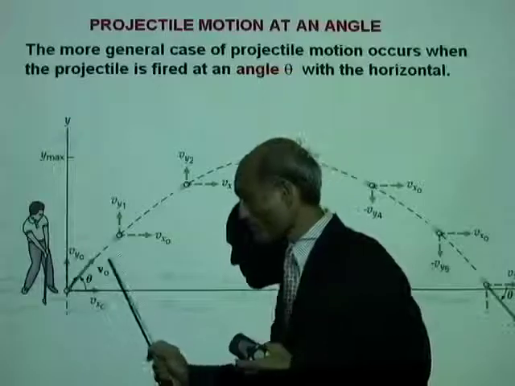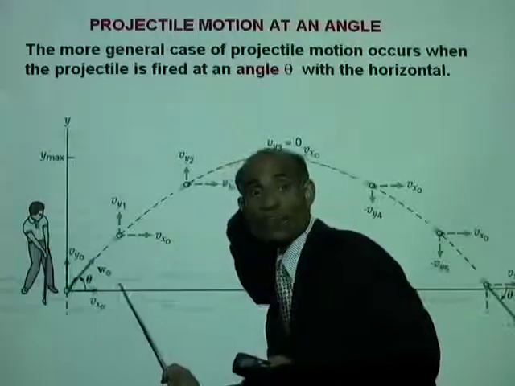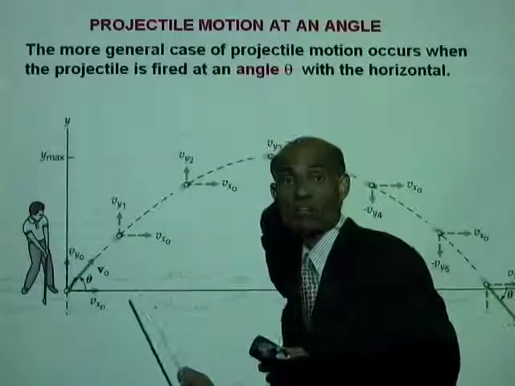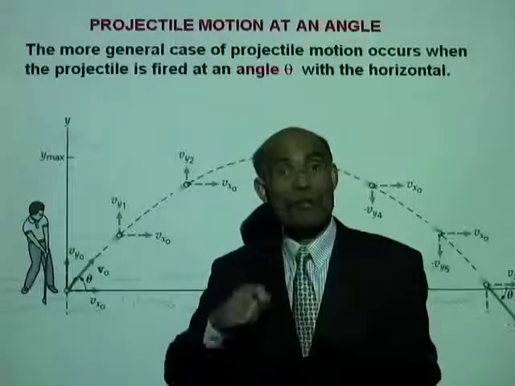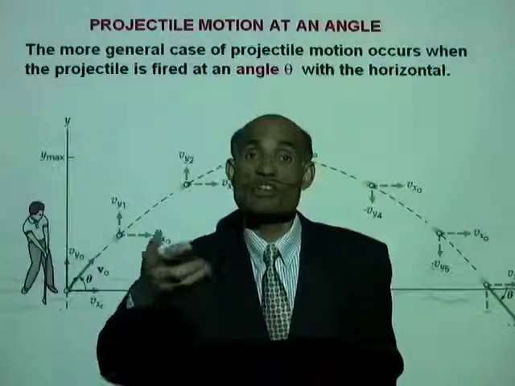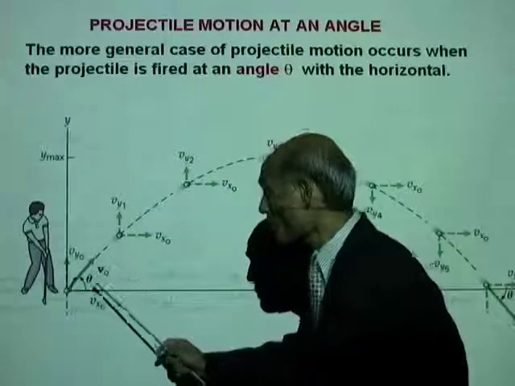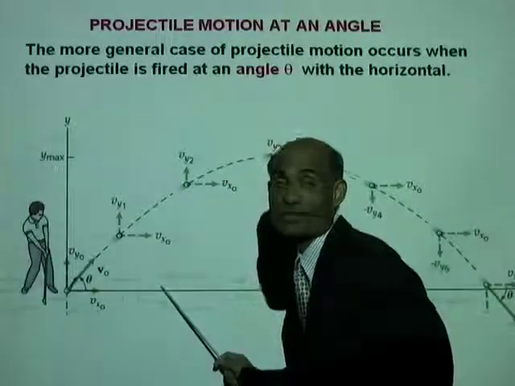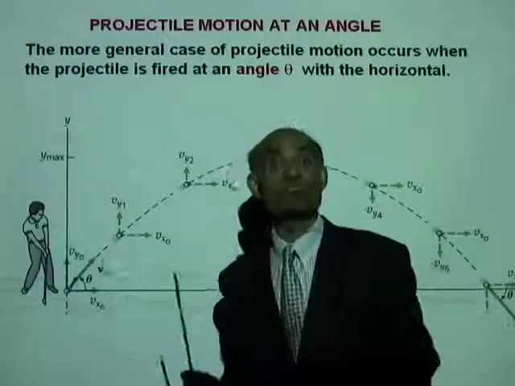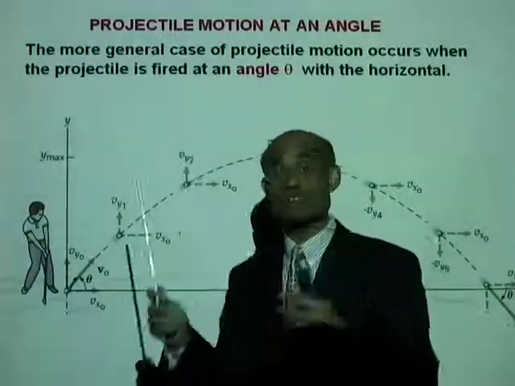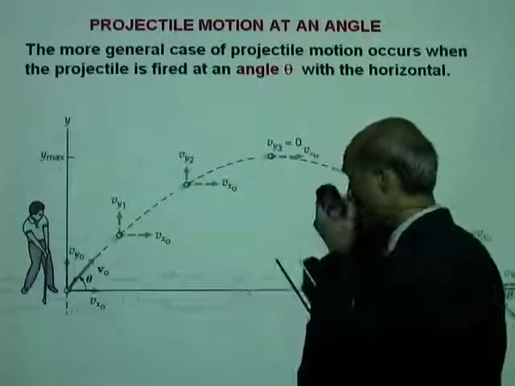The component of v0 along the x-axis is v0 cos theta. What happens to that velocity with time? Because there is no force in the x direction, the x component of the velocity will not change. v0 cos theta will remain a constant.